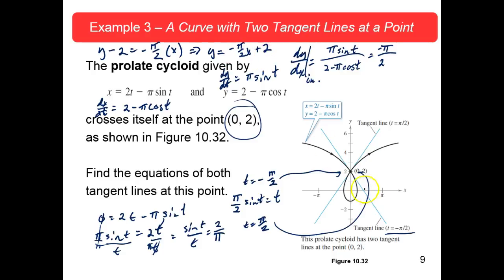Okay? And sure enough, 2 is the y-intercept, obviously, okay? And the slope here is negative pi halves. Not only is the t negative pi halves, the slope is negative pi halves, which is a bit bizarre, but true. Okay.